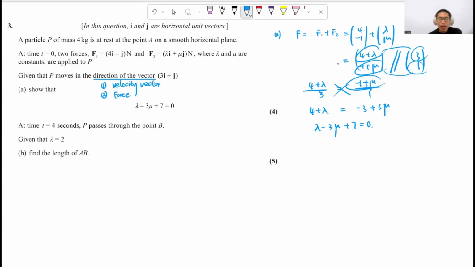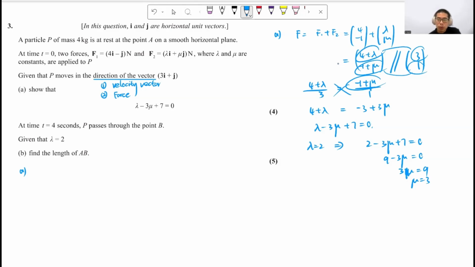We have F, and F equal to ma, so we can find the acceleration vector first. But before that, we substitute in the value of lambda. If lambda is equal to 2, substitute in: 2 minus 3 mu plus 7 equal to 0. So 9 minus 3 mu equal to 0, then 3 mu has to be equal to 9. So mu is equal to 3.